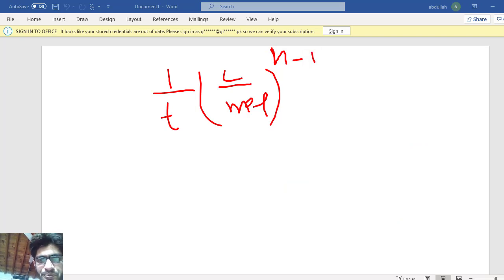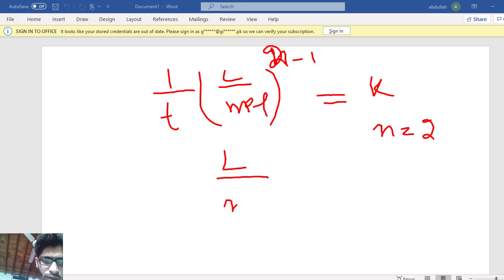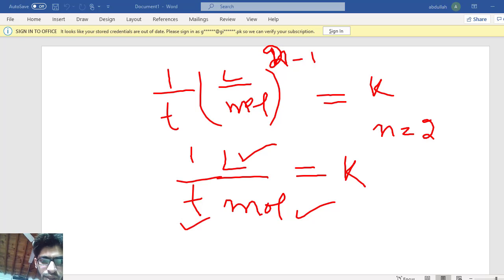Similarly for the second order reaction, n will become 2. Now 2 minus 1 is equal to 1. So liter divided by mole, and this is 1 over time. So the unit of rate constant is liter by mole into time.